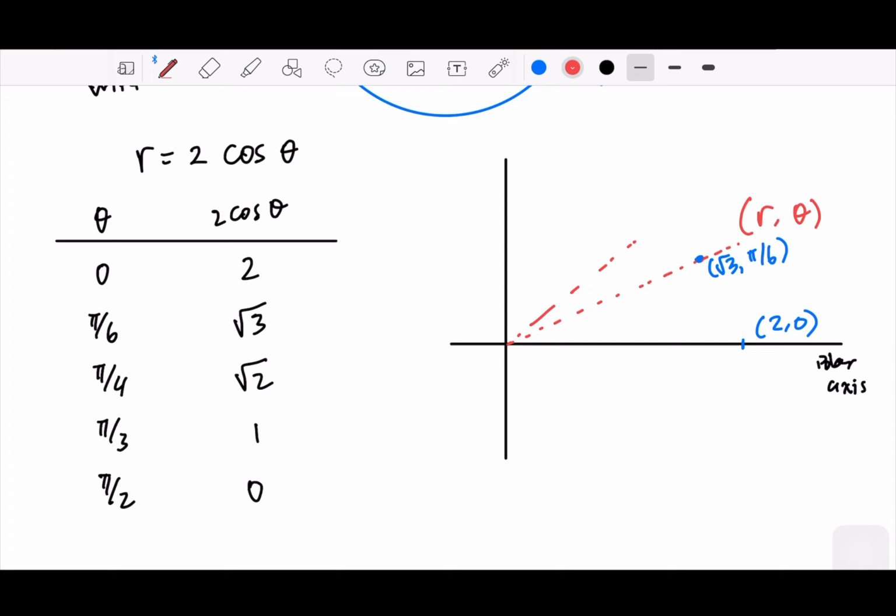This is the square root of 2, pi over 4. Okay, so we increase, and then this will be around here. This will be 1 and pi over 3. And then lastly, we have 0 here.